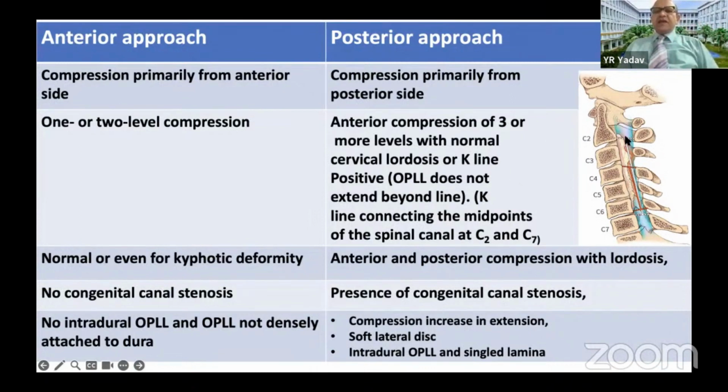This is the K-line: the midpoint of the lower end of the C2 vertebral body to the spinolaminar junction of the upper level of C7. From the middle of the canal, if you take a line and the compression is lying anteriorly, this is known as K-line positive. That means the compression is less than 50% of the canal diameter.